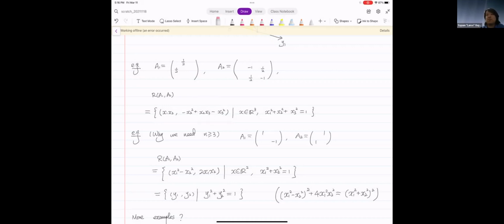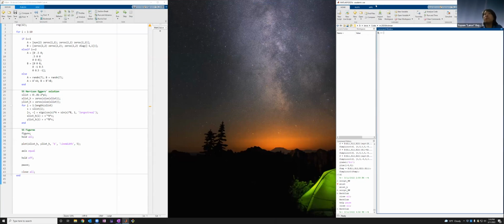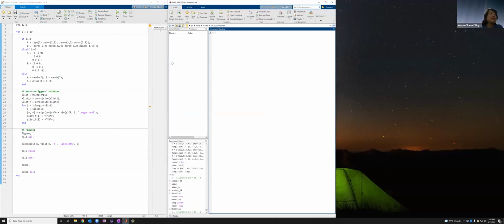So let me change my screen and share the other screen for us to see the images. Okay, so we have code that's available to draw the set, and let me see. Yeah, Harrison Eggers is over here.